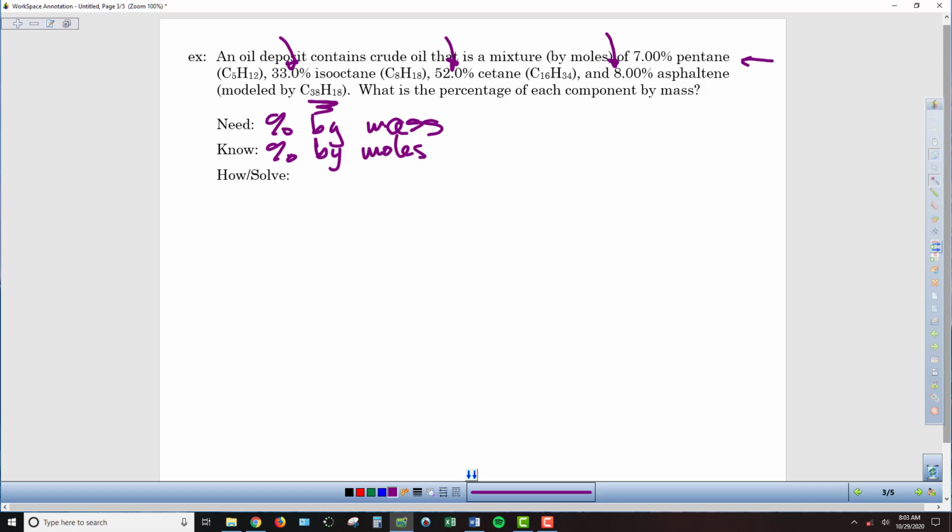Now we want to figure out what those mass percentages are. What we can do is assume that we have 100 kilomoles of the crude oil mixture. If we make that assumption, then we know that we've got 7% pentane, which means we have 7 kilomoles of the pentane.